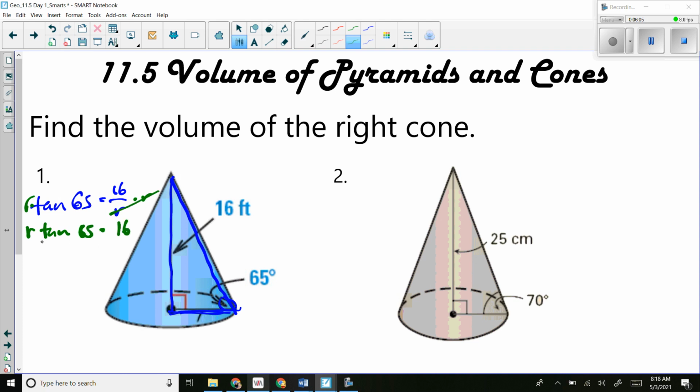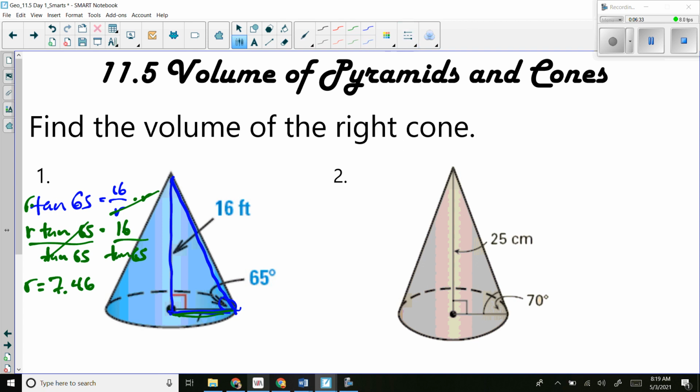But the r is not by itself yet, so I have to divide by tangent of 65 on both sides. Now those cancel, and r equals 16 over tangent of 65. So 16 divided by tangent of 65. Typing that in my calculator is 7.46, and it goes on a little bit after that, but let's just call it 7.46. I can replace r with this green line.